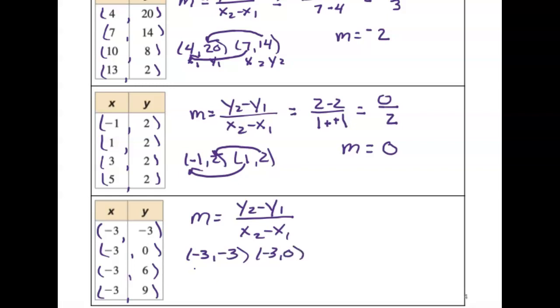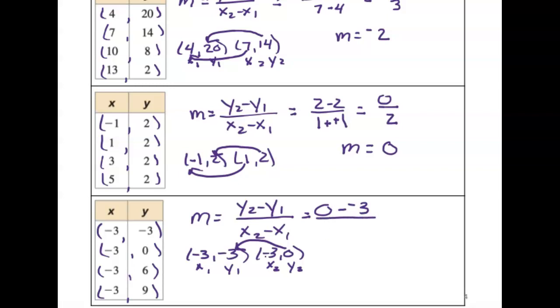And then I'm going to label those here. Remember, this is x1, y1. This is x2, y2. I'm going to use my arrows to make sure I keep my direction the same. So y2 minus y1 would be 0 minus negative 3. Careful with that. Minus negative 3. The formula has subtraction.